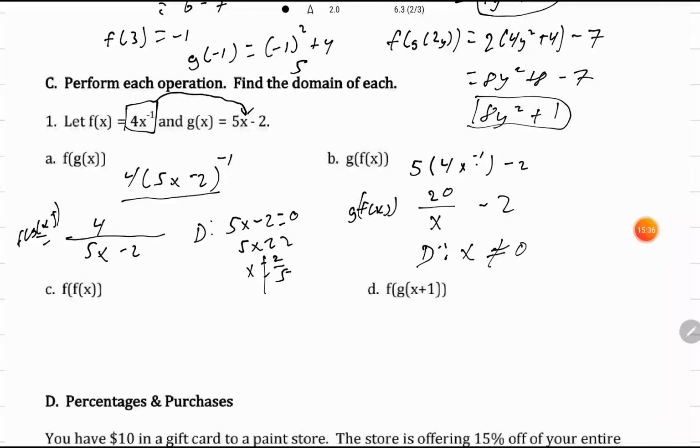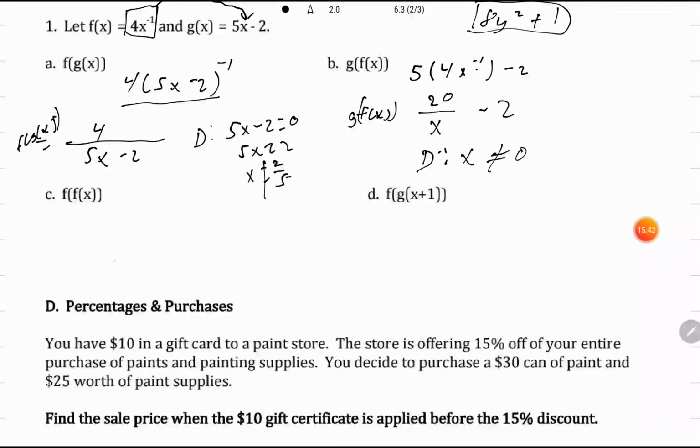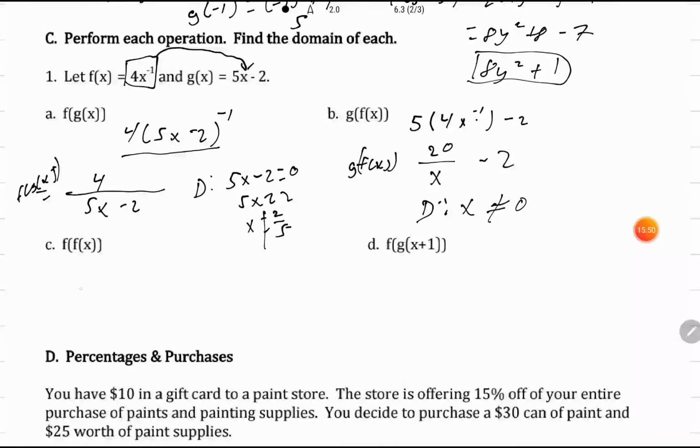F of x. Well, this is just silly. Basically, we're plugging the function into itself. So it's kind of weird. We started off with 4x to the negative first.